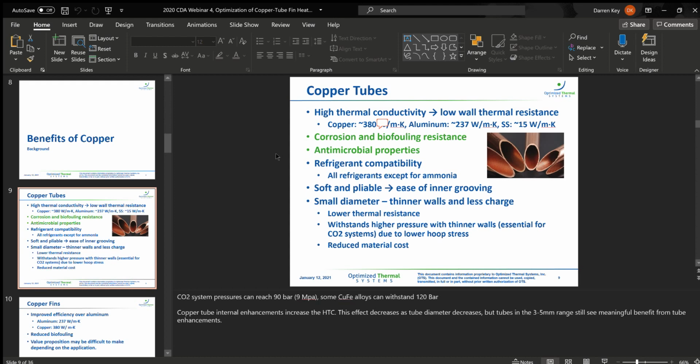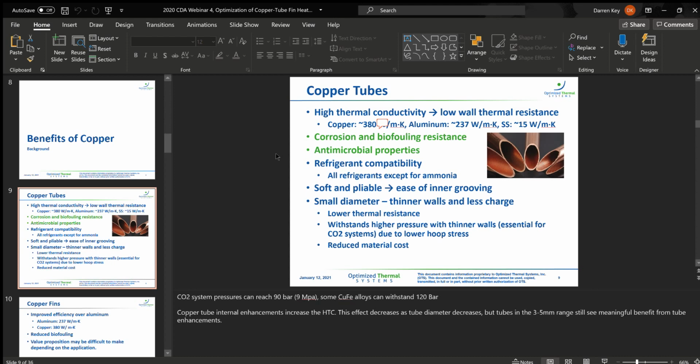Now the topic of this particular webinar, smaller diameter. The benefit of smaller diameter is that we end up with thinner walls and can have less charge. The thinner wall leads to lower thermal resistance of the copper tube, and that smaller overall diameter results in lower hoop stresses, and the tube can actually withstand higher pressures.